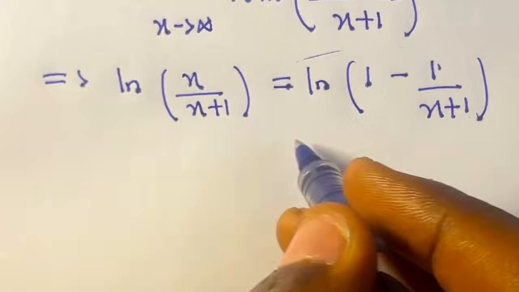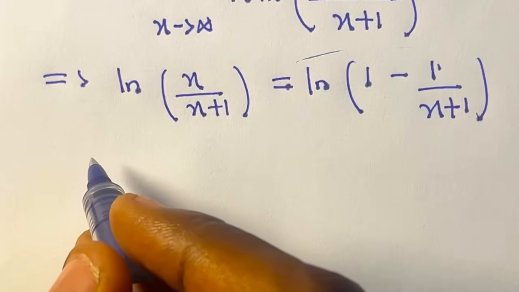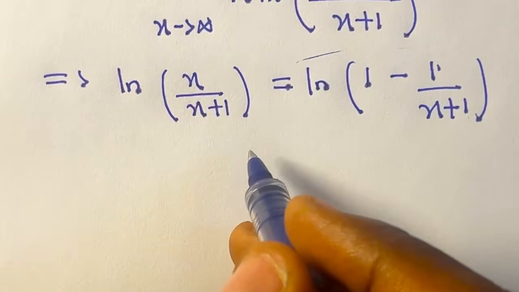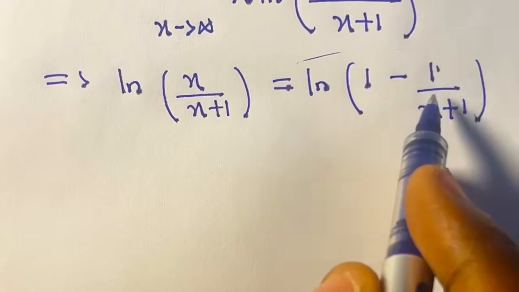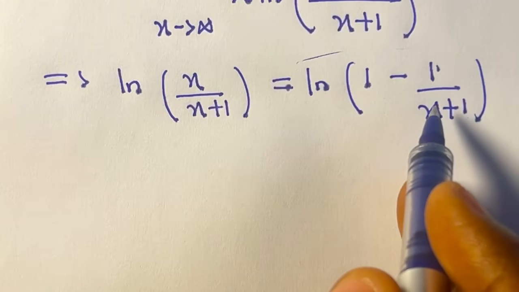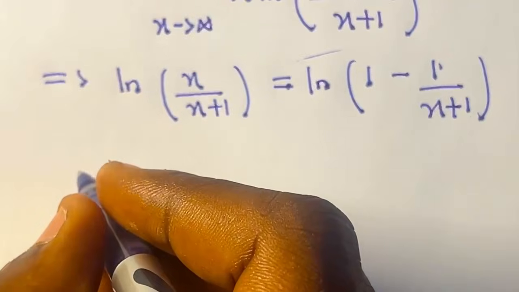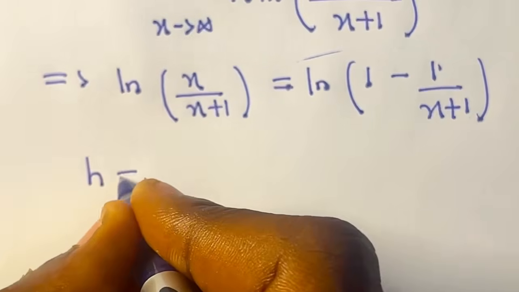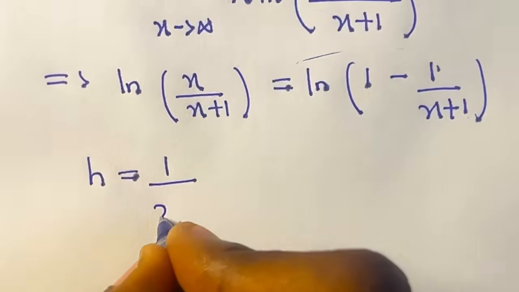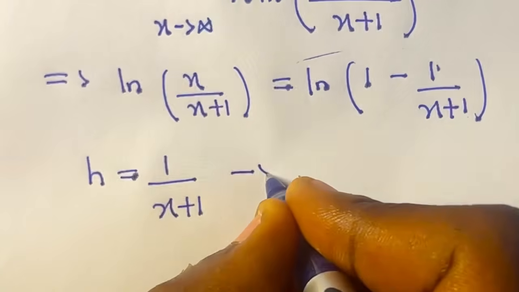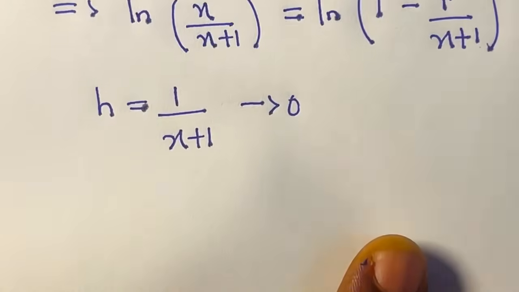For very large values of x, we are going to have a number that is approaching 0. So let's say h equals 1 divided by x plus 1. This tends to 0.